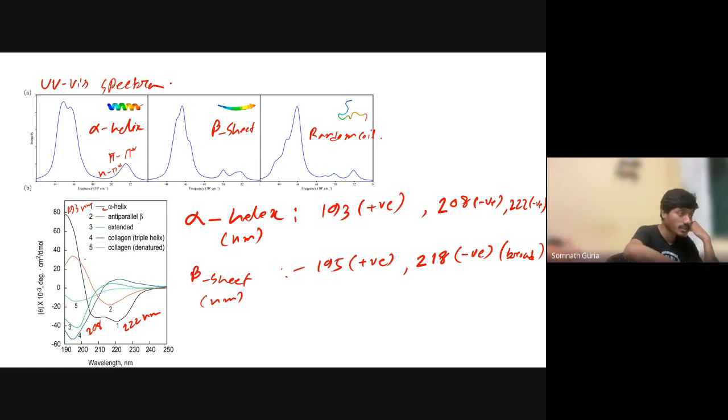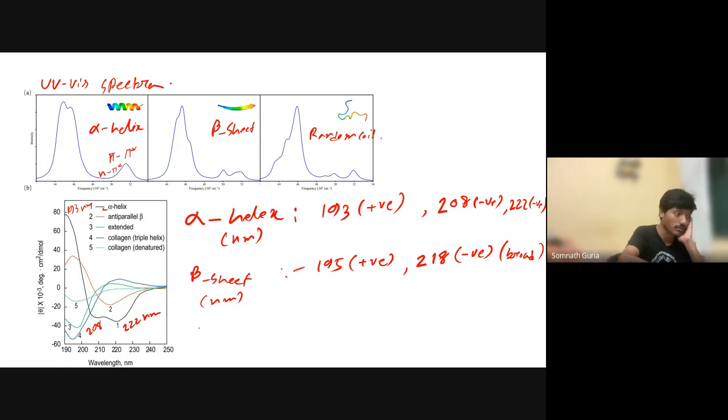You can check the red one. This is the anti-parallel beta sheet we are talking about. We have a negative maximum around the 218 nanometer region, and another positive maximum in the 195 region. So this is the characteristic of the beta sheet.